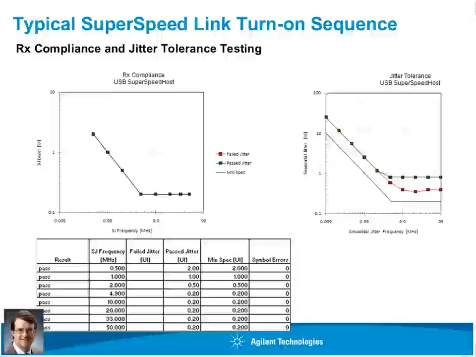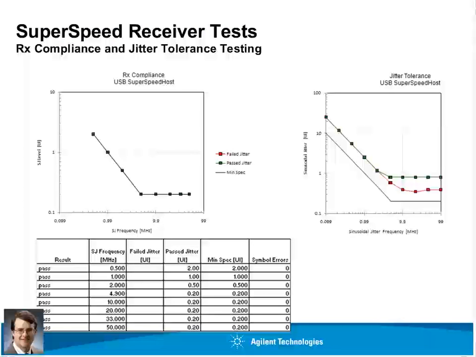And this is an example test report of receiver compliance testing and jitter tolerance as run at a USB workshop. The green line indicates the test requirements in the spec, and the dots indicate the test points for compliance of the different sinusoidal jitter amplitude requirements. This corner frequency is 4.9 megahertz. You can see as we go down in frequency, the amplitude of sinusoidal jitter that your receiver has to withstand increases.